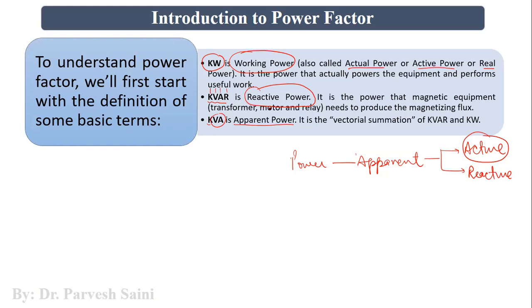But from this power, one component is utilized, or you can say dissipated, for some purposeful work, and the other component is not utilized, not dissipated, rather it is stored due to the reactiveness of the electrical systems.